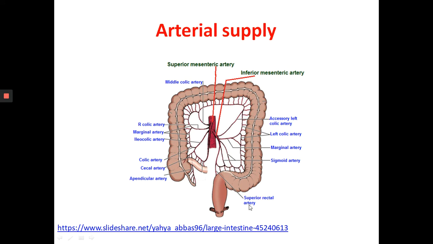And the superior rectal artery supplies the rectum, which is also from the inferior mesenteric artery. So it is mainly supplied by the superior mesenteric artery and the inferior mesenteric artery. The superior mesenteric artery supplies the caecum, the ascending colon and the transverse colon. The inferior mesenteric artery supplies the descending colon, sigmoid colon, and the rectum.